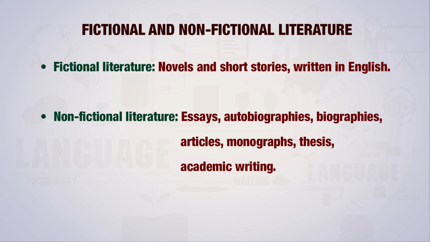But under the ambit of non-fictional literature, we can have essays, monographs, autobiographies, biographies, articles, reports, theses, academic writing, etc. In both these cases, fictional and non-fictional prose, what is sought is the student's understanding of the basic knowledge of the text and its related stylistic patterns and usage of rhetorical figures.